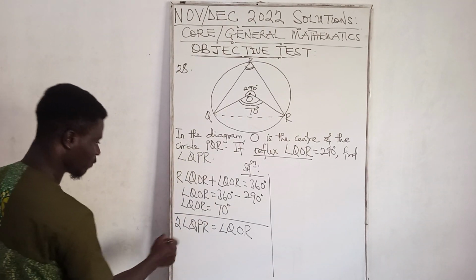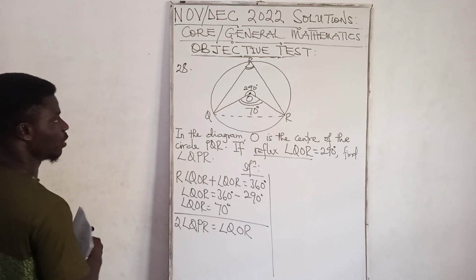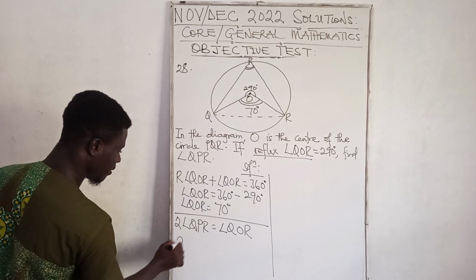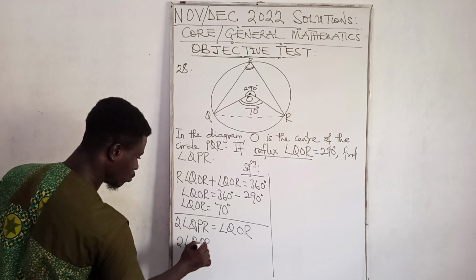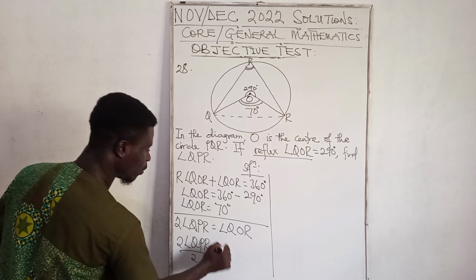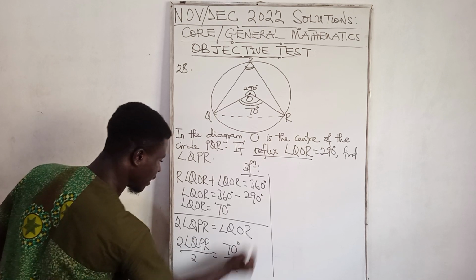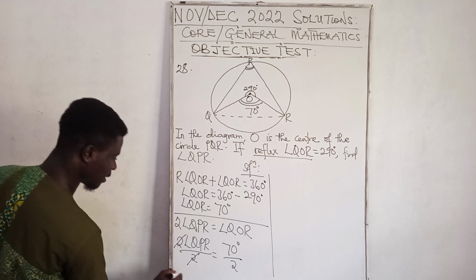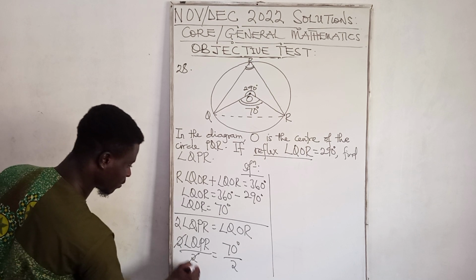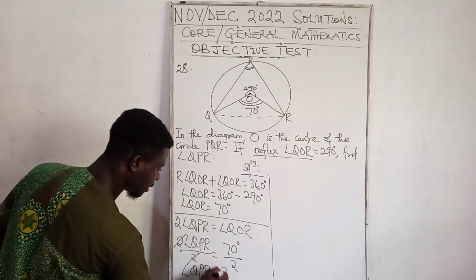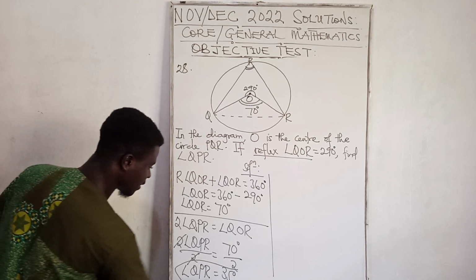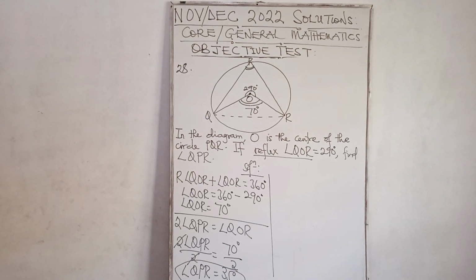So I divide both sides by 2. Then 70 degrees divided by 2, the 2 cancels. Then I get angle QPR, which is 35 degrees.